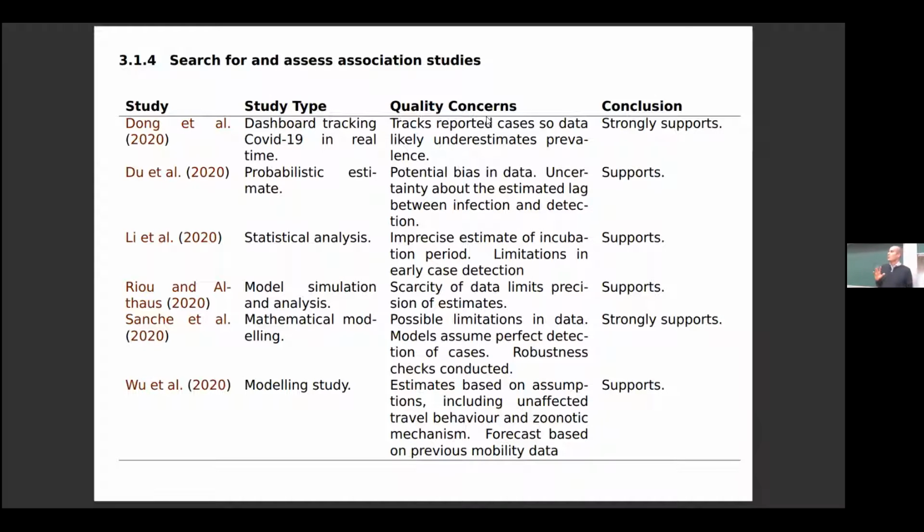When we search for association studies for the problem claim, we find all the studies strongly or more or less strongly support the correlation claim and the causal claim.